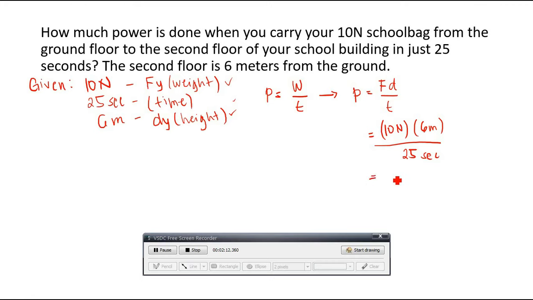So 10 times 6 will be 60 Newton meters over 25 seconds. So 60 divided by 25 will be 2.40 watts.